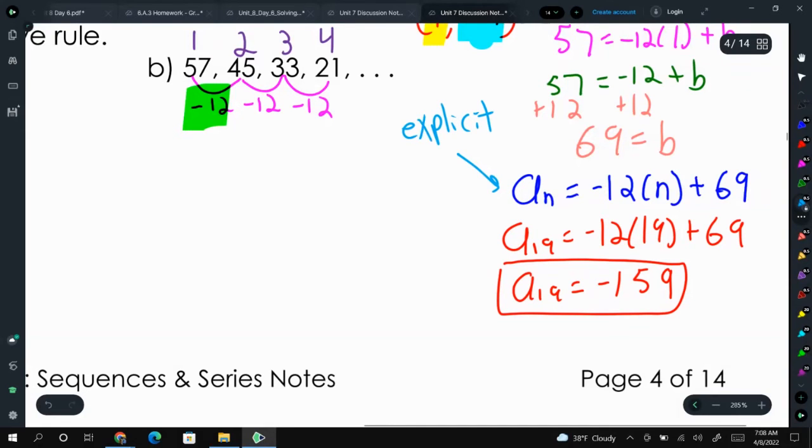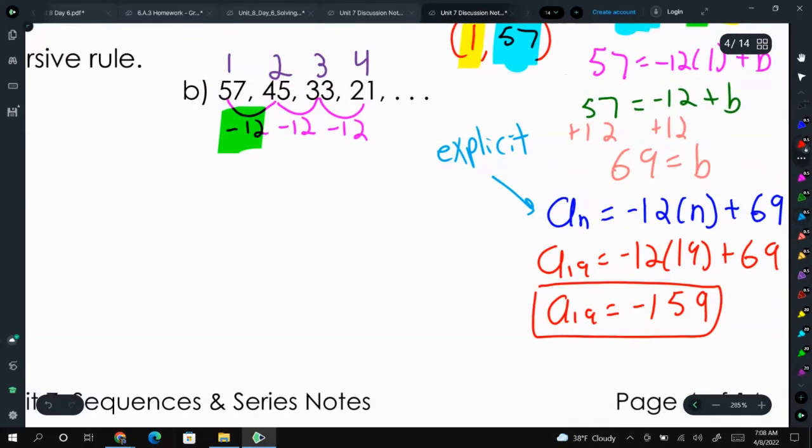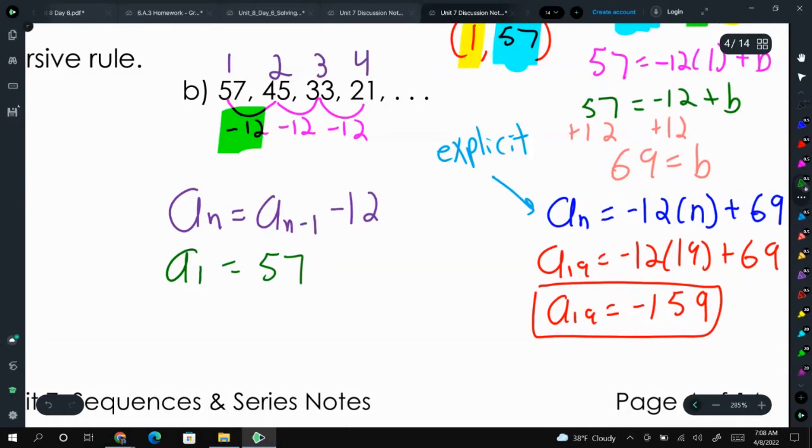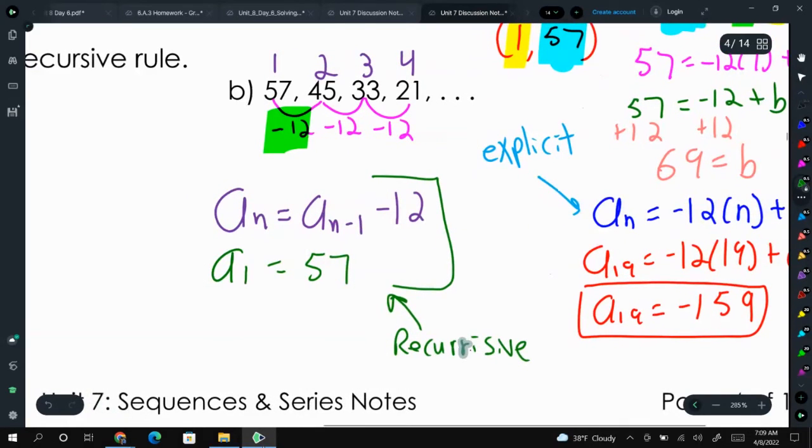Our recursive formula, a sub n equals, well, we're taking that previous term and we're subtracting 12 from it. And our first term is 57. So this is my recursive formula.